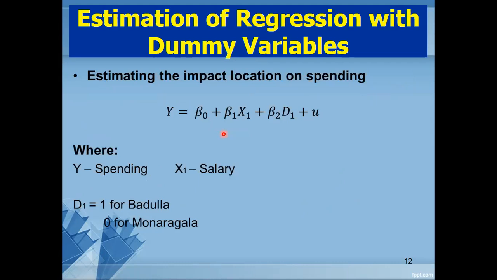Right, so now let me estimate the regression model with a dummy variable. I have taken a very simple example initially. The purpose of estimating this model is to quantify the impact of location on spending, because we know that people living in different locations do not have the same spending patterns.